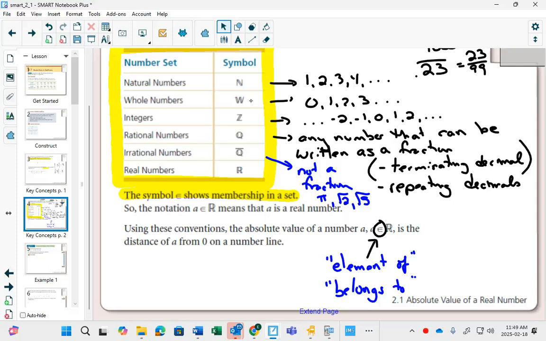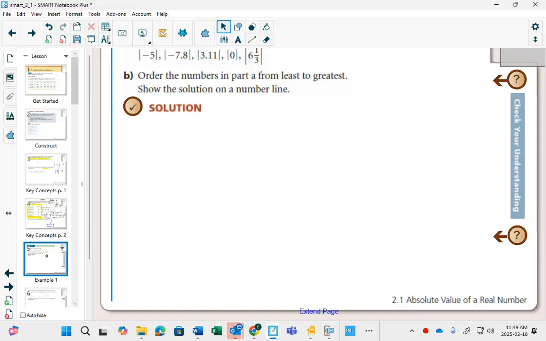A is an element of the real numbers. So that means that it belongs to it, it has membership there. And so we use that a lot in domain and range in grade 10. We're going to use it again for describing domain and range in grade 11. Okay, and with that, we are ready to go to example 1.